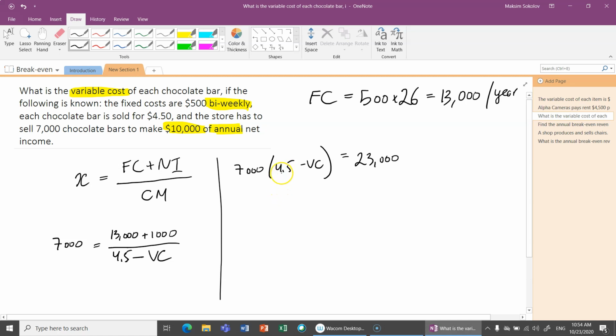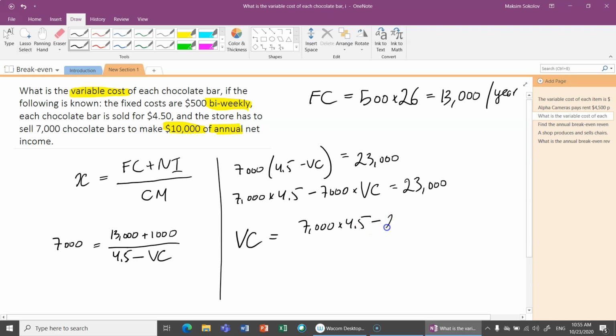From here, we'll open up this bracket, so it's 7,000 times 4.5 minus 7,000 times VC, and that's 23,000. Finally, solving this equation, we can find that VC is going to be (7,000 times 4.5 minus 23,000) divided by 7,000.